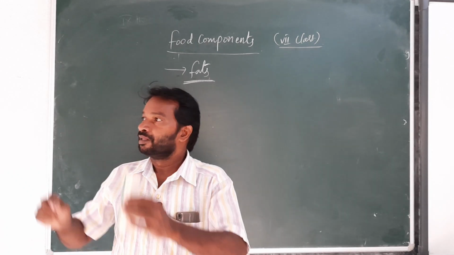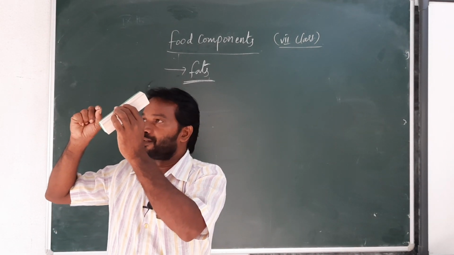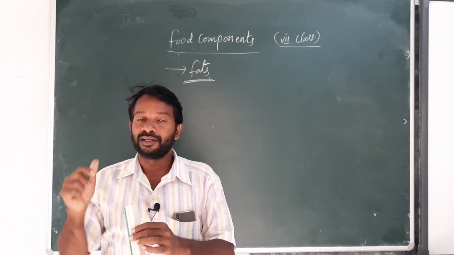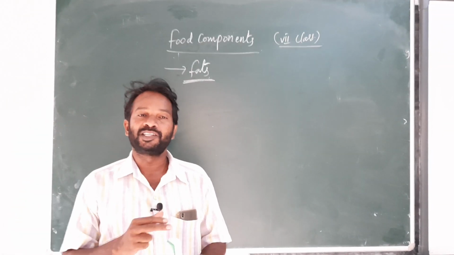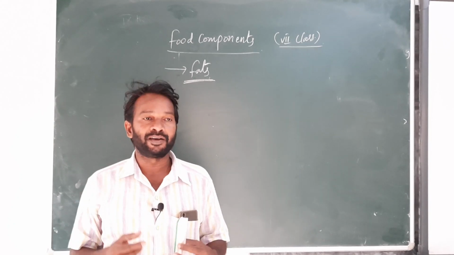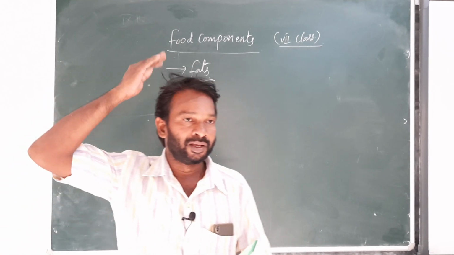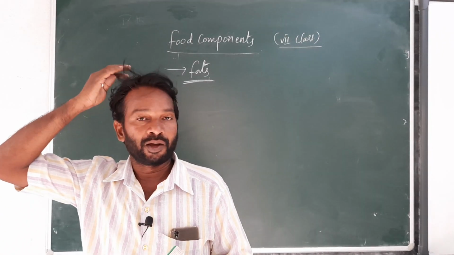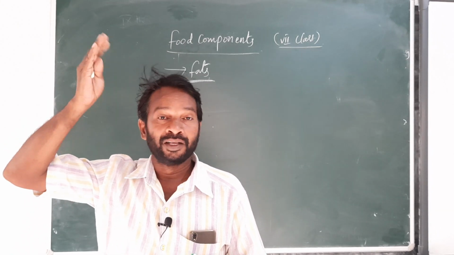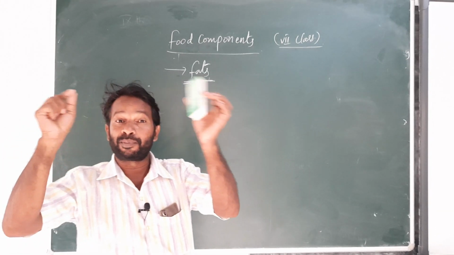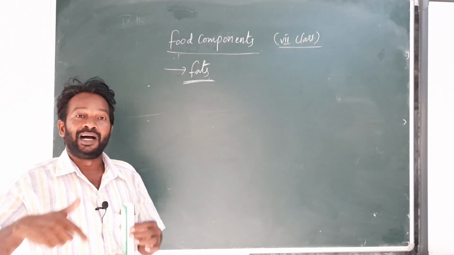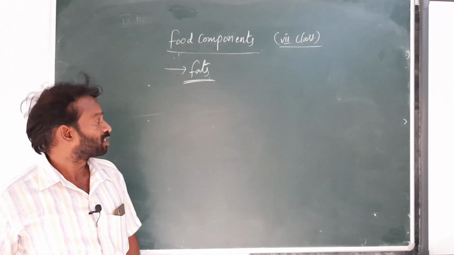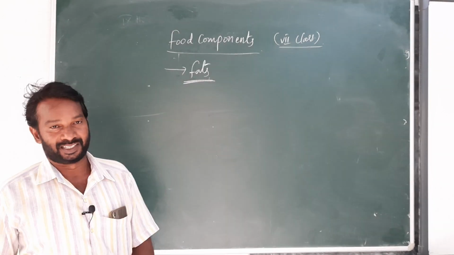Translucent means that if you hold it against the light, light passes partially through the paper. We also have experience with white paper: when we apply coconut oil to our hair and press the paper against it, the paper becomes translucent.